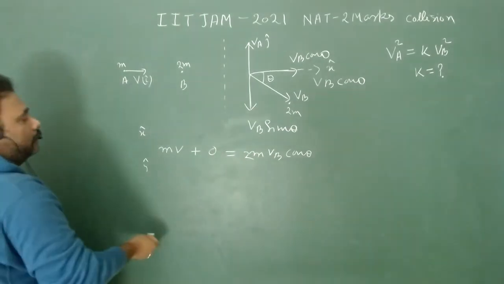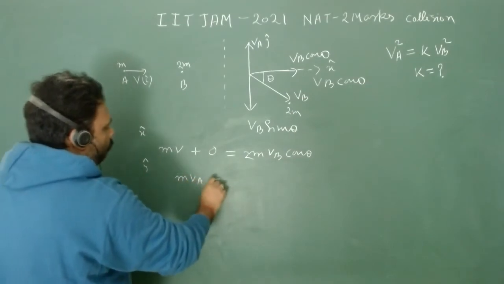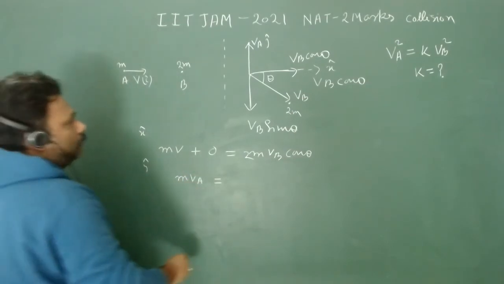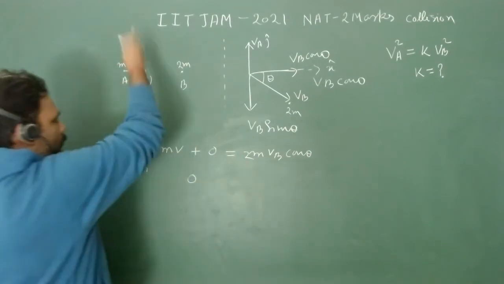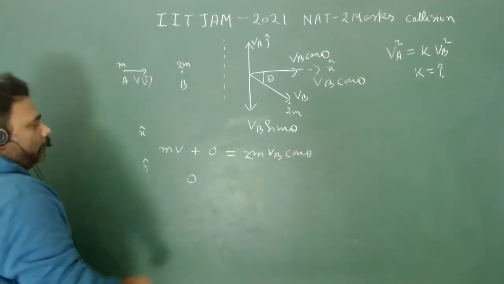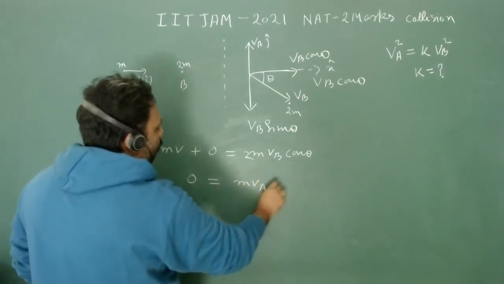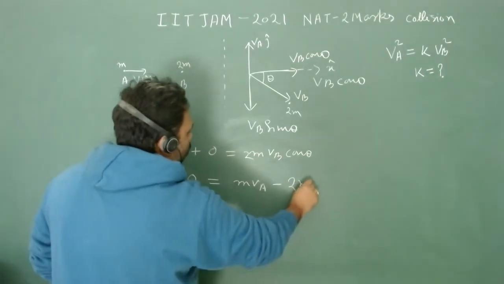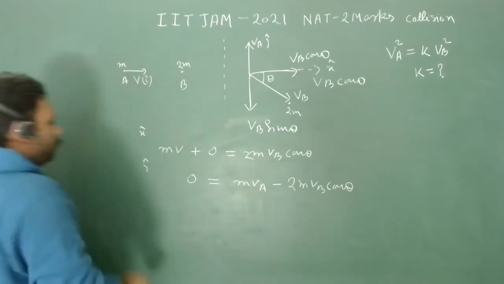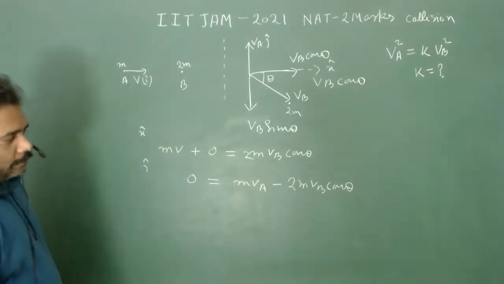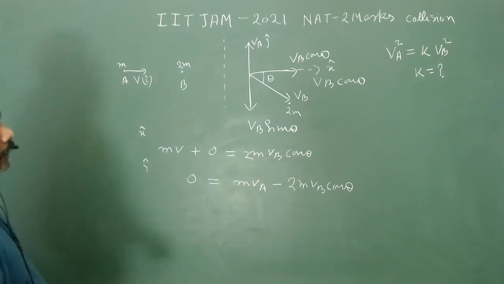For the y direction, there is no momentum initially, so 0 is equal to m into VA minus 2m VB sin theta. So this is conservation of momentum in the y direction.